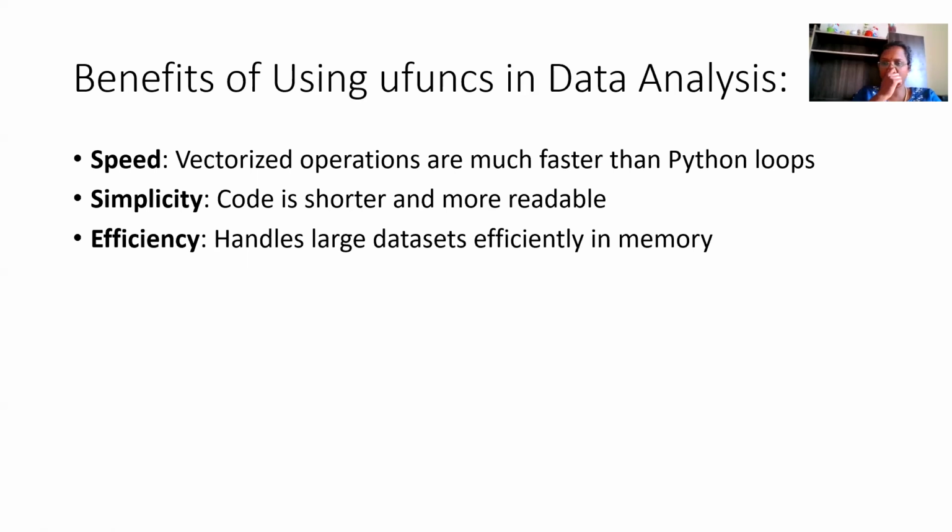For example, if the data set contains a large amount of data, at that time you cannot perform the basic operations as one-by-one functions or using loops or separate equations. That is very difficult for data analysis purposes. So at that time, you can use these universal functions. They give you the easiest way to compute for data analysis.